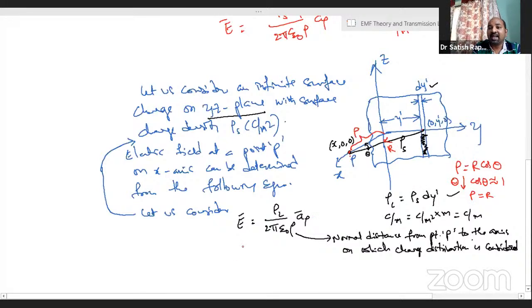And the electric field due to the differential width strip is the differential electric field.